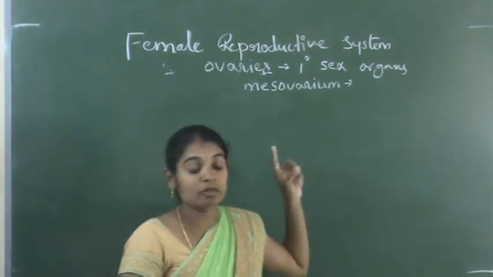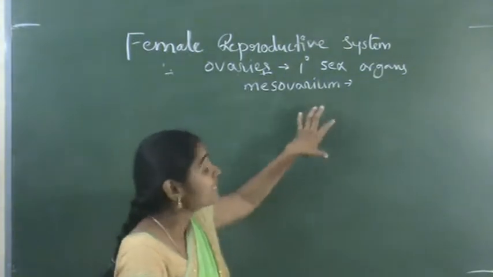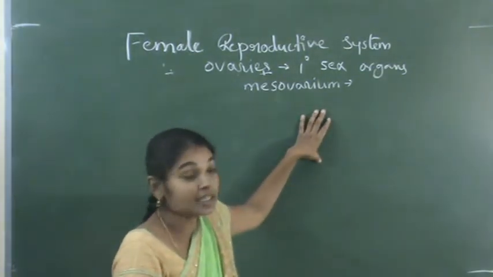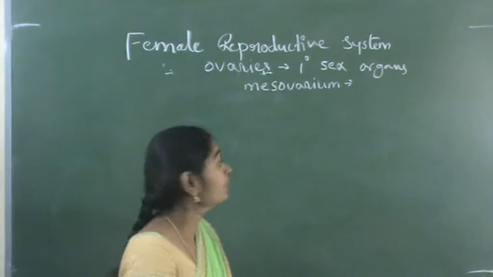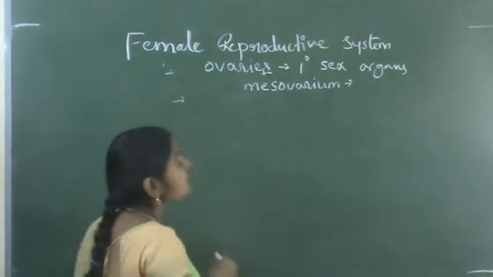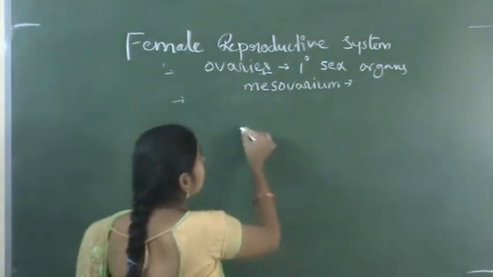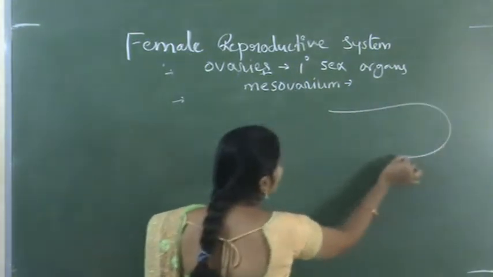These paired ovaries are present in the pelvic region of the female body.